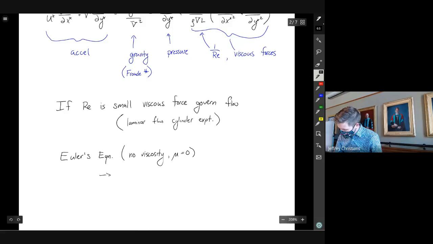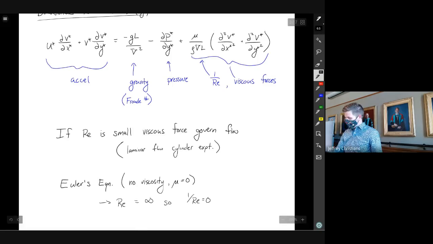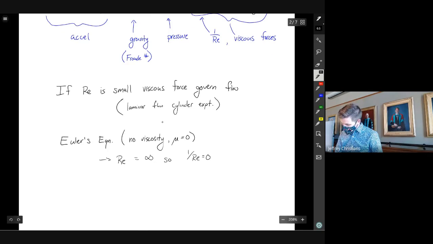What this means is the Reynolds number is equal to infinity. So 1 over the Reynolds number is equal to 0. If we look at the Navier-Stokes equations, the viscous forces stop mattering. And what governs flow? Well, this was when we talked about gravity and pressure. So pressure differences are governing flow. So we could use Euler's equations. This gave us Bernoulli's.